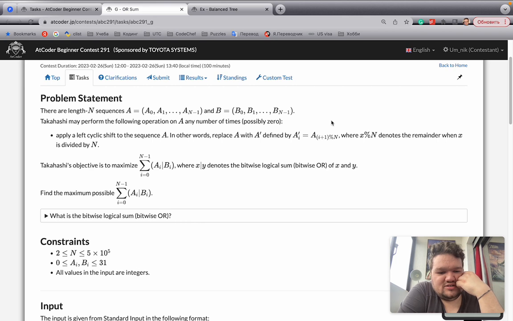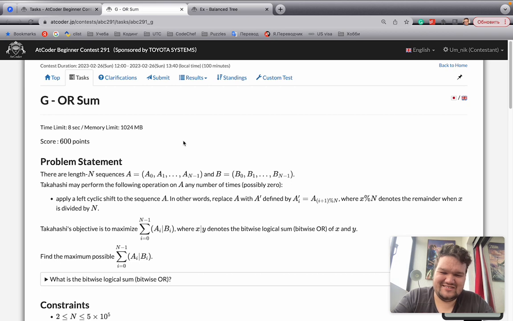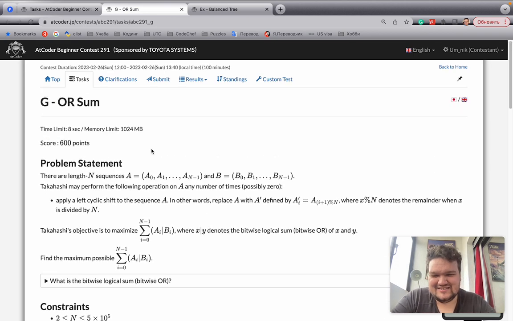But that just means for each cyclic shift it's the total number of ones minus the number of ones that will be in the same position, and that sounds like FFT, right? We want to calculate a convolution. That just works, right? And it looks like it's intended.